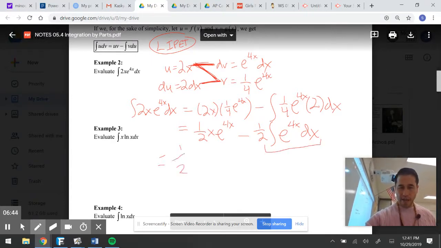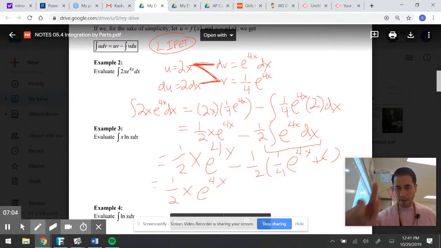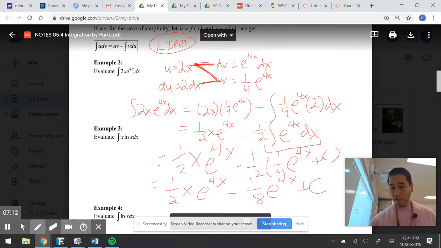So we get 1/2 x e to the 4x minus 1/2. What's that antiderivative? We kind of already did it. It's 1/4 e to the 4x plus c. So when I get a final answer here, it's 1/2 x e to the 4x minus 1/8 e to the 4x plus c.